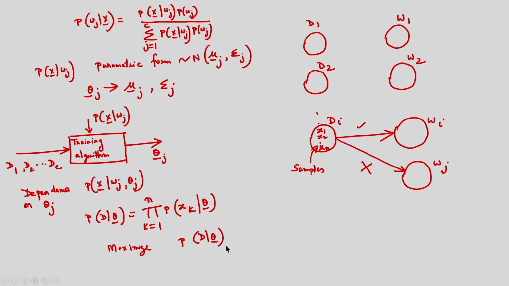That is the concept of the maximum likelihood estimation. Again I am writing, I have to maximize the probability of D given theta, the probability of obtaining a given training set for the parameter vector theta.